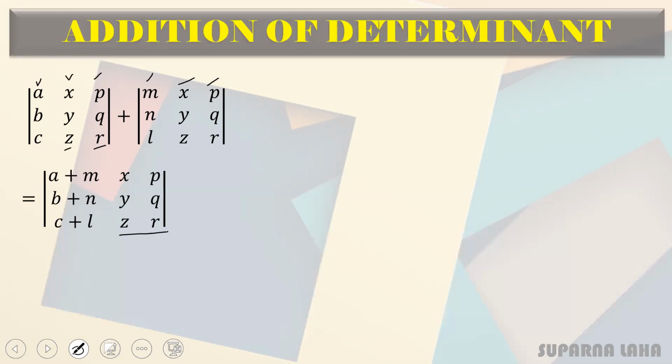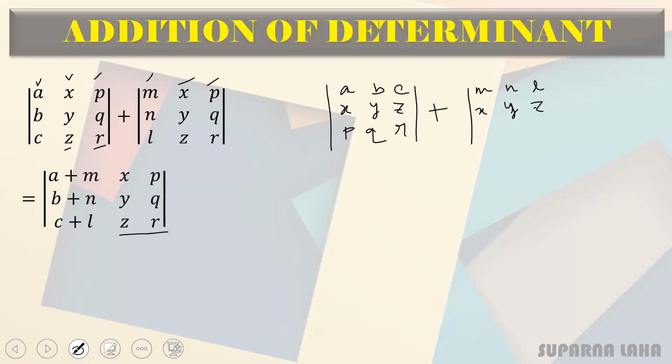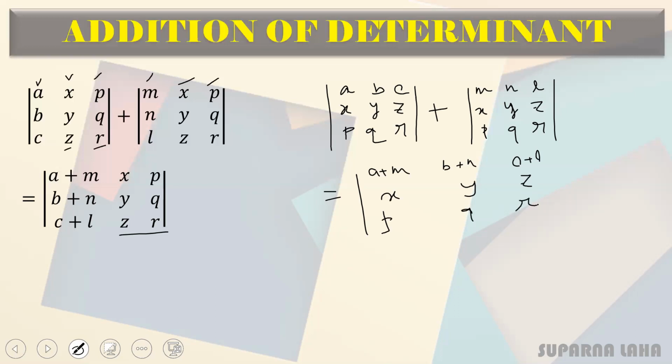The same change in row is also applicable: A, B, C, X, Y, Z, P, Q, R is the first determinant, and the second determinant is M, N, L, X, Y, Z, P, Q, R. Add them and you will find it is given by A plus M, B plus N, and C plus L, with X, Y, Z, P, Q, R. So this is the addition of two determinants. Clear? This is the rule for adding two or more than two determinants.